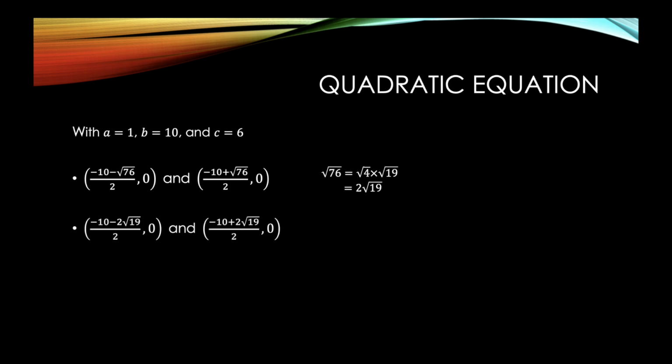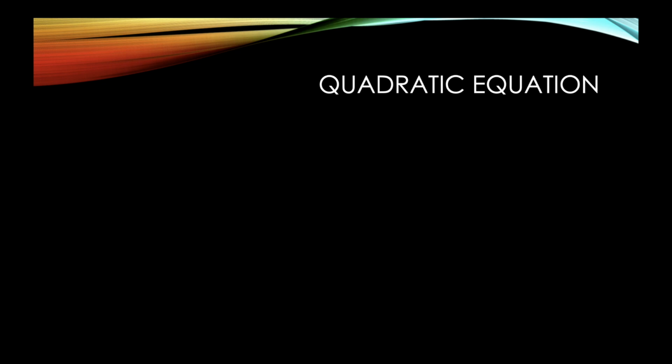Let's put that back in instead of root 76, so we have minus 10 minus 2 root 19 all divided by 2, and minus 10 plus 2 root 19 all divided by 2. That means we have minus 5 minus the square root of 19, and minus 5 plus the square root of 19 is where it crosses the x-axis. Those are the two coordinate points, as we expected.